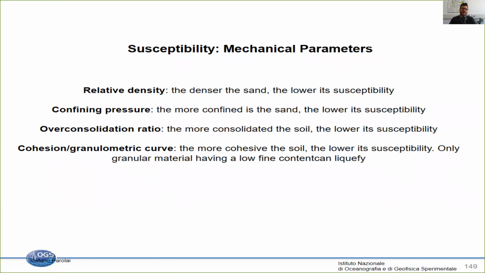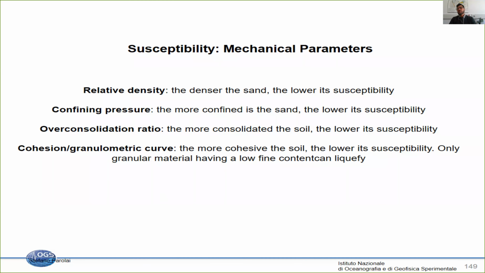So density is very important. So the denser the sand, for example, the lower the susceptibility. High confining pressure: if you have a high confining pressure, it will be less probable, for the same increase of pore pressure, that you will have a liquefaction.